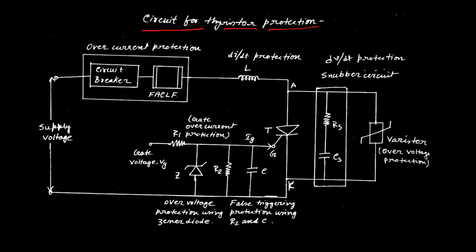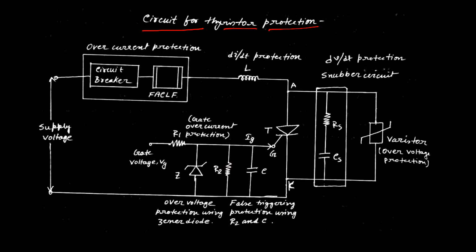Now the question is for gate protection, as I have discussed before. In the case of gate protection, this capacitor is there, which can protect against false triggering, and protects the gate so that it is not permanently damaged.